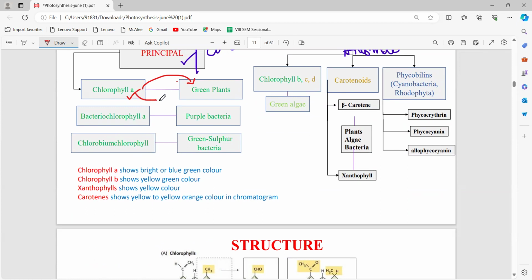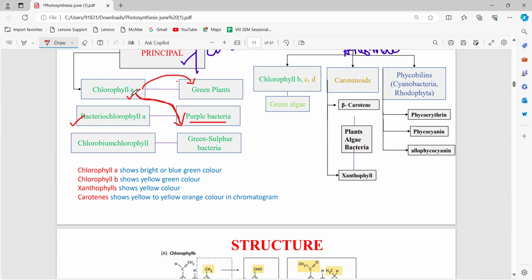Chlorophyll A that gets modified and is present in the purple bacteria, we call it bacteriochlorophyll. In simple words, listen to my statements everyone: the modified chlorophyll A molecule present in the purple bacteria is what we call bacteriochlorophyll A.